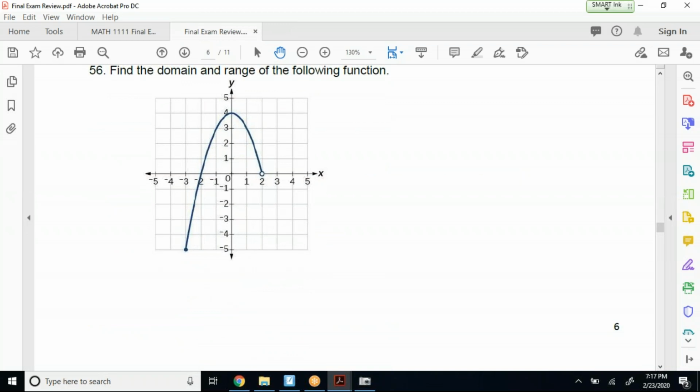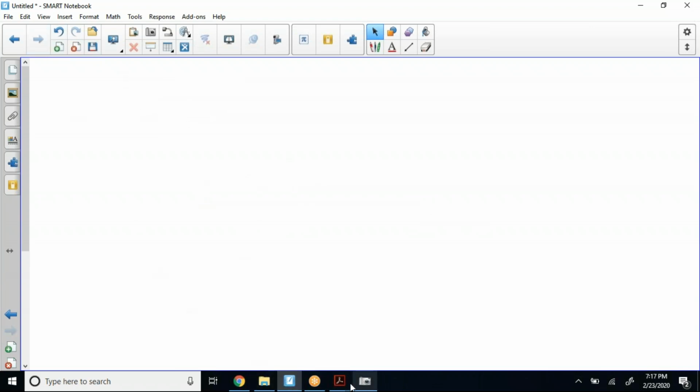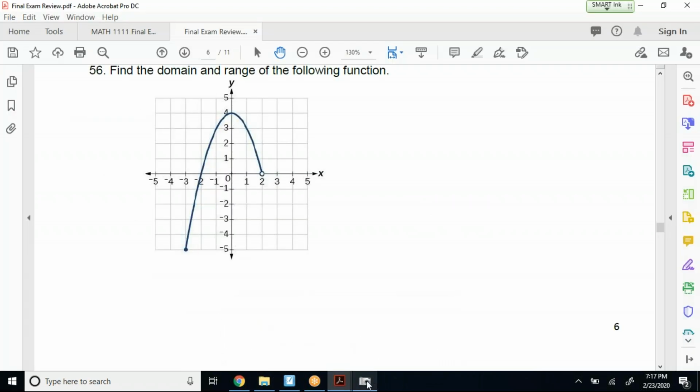Yes. Okay. So the domain is going to be negative 3, right, to 2. Let me grab this, and that way I can write it out. I can do it in two forms.